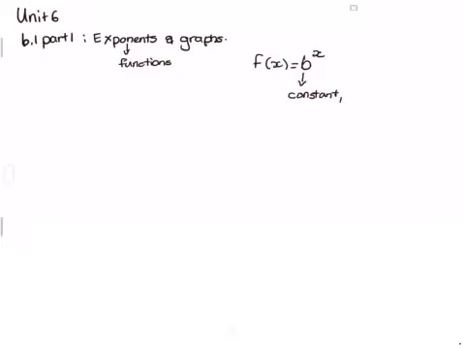But there are some restraints on it. It cannot be a 1. If it's a 1, it turns out not to be an exponential function. And it must be a positive value. So in order to be an exponential function, your base number must be positive but not a 1.